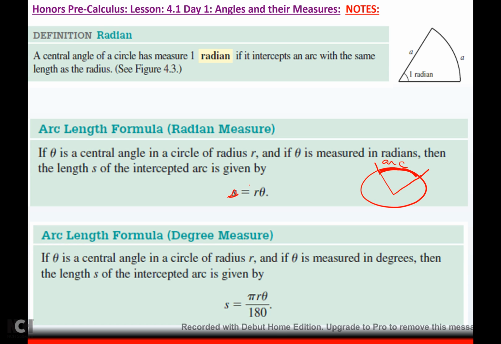So arc length is equal to its radius, which would be from here to here, times theta, whatever that angle is that cuts the arc. If the angle is given to you in radians, you use this one. If the angle is given to you in degrees, then you use this one. And it's because you have to convert.